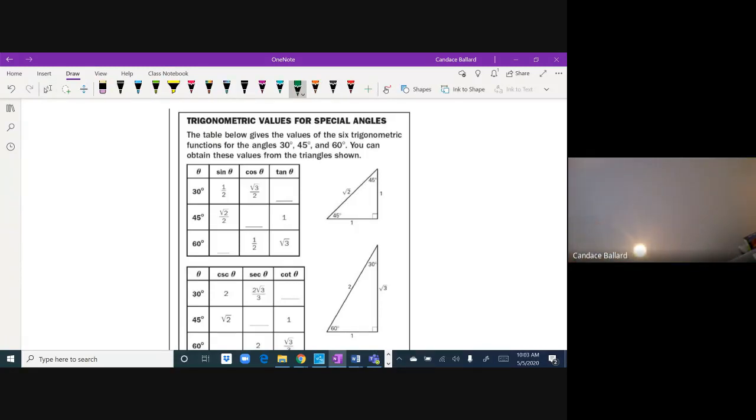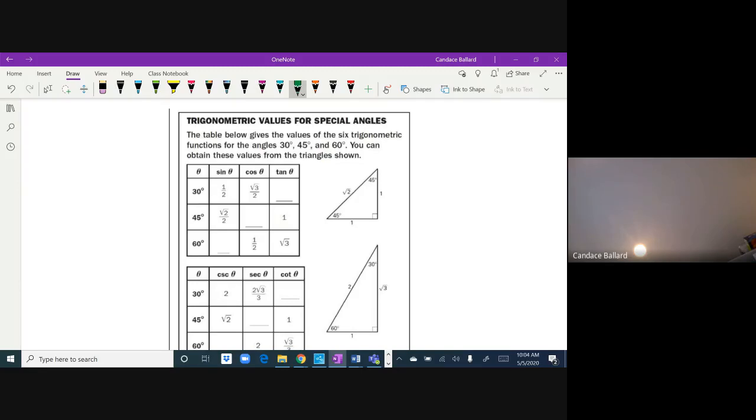We're going to talk about special right triangles, and you have all seen these probably before in geometry. So all I'm going to do is set up the ratios on these triangles based on the sine and the cosine and the tangent that we learned yesterday, and then Miss Rondeau is going to take over and talk.